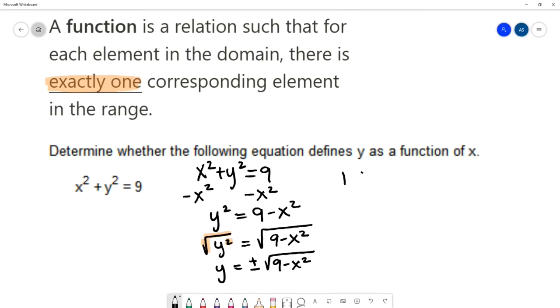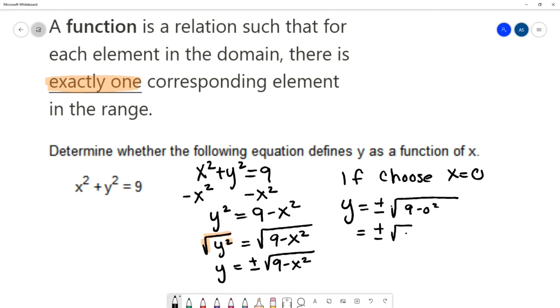So if we choose any x value, and I'm going to choose x equals 0, you're going to see that y is equal to plus and minus square root of 9 minus 0 squared. This is plus and minus square root of 9, plus and minus 3.